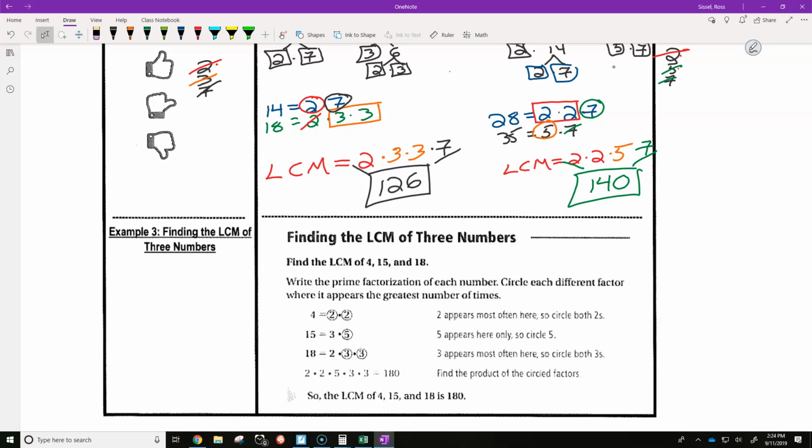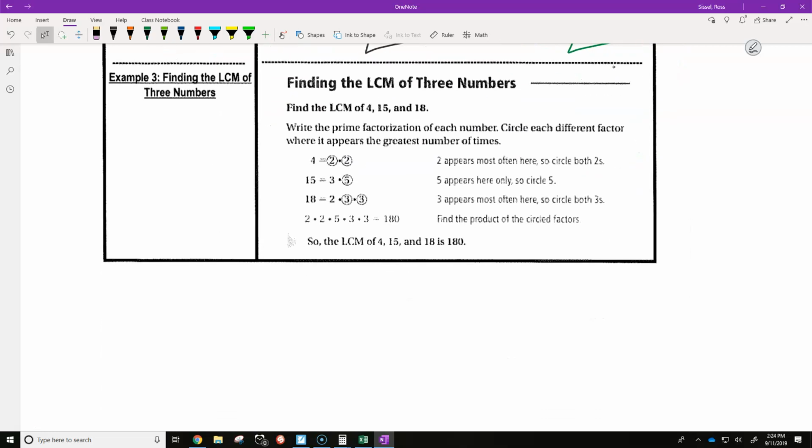Hey, these are the methods that you're going to be using today. One thing I'm not going to spend much time on: what if there's 3 numbers? Nothing changes. If there's 3 numbers, you still make the factor tree like they did here. They said the prime factorization of 4 was 2 times 2, of 15 was 3 times 5, of 18 was 2 times 3 times 3.